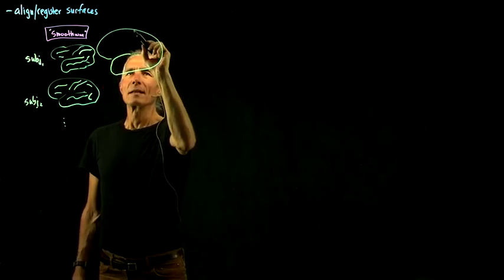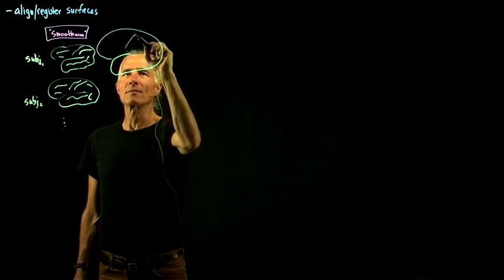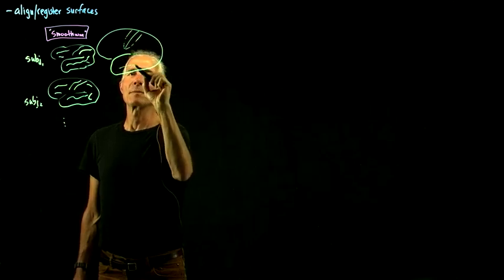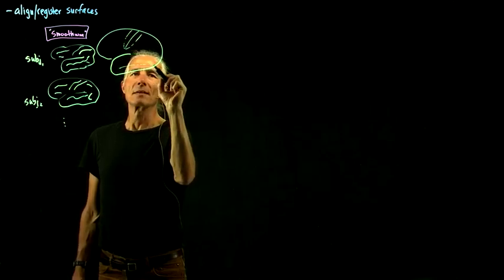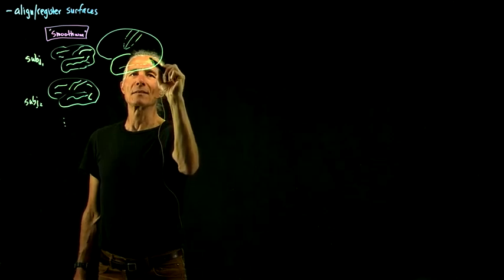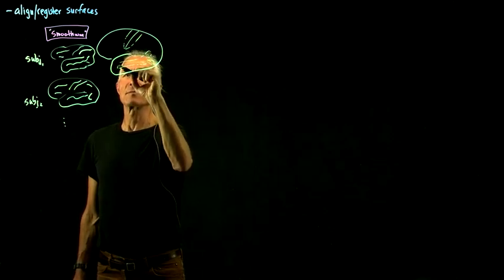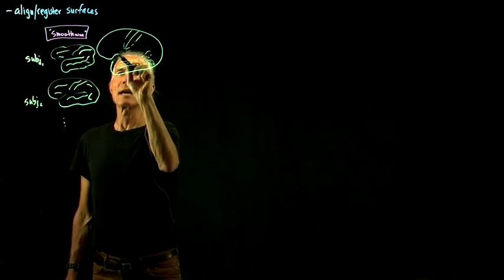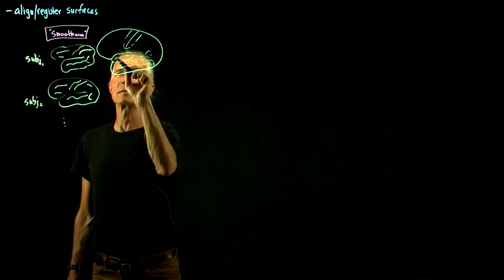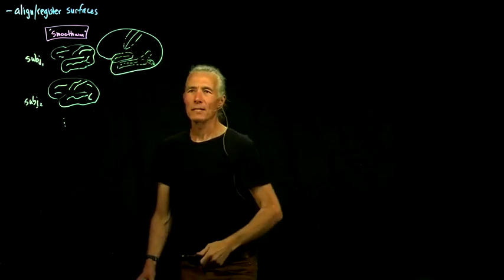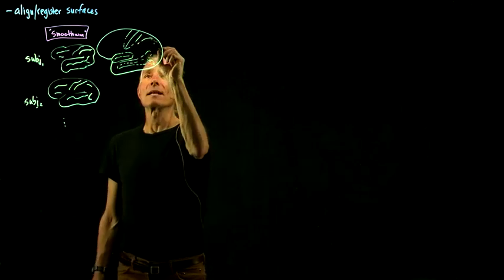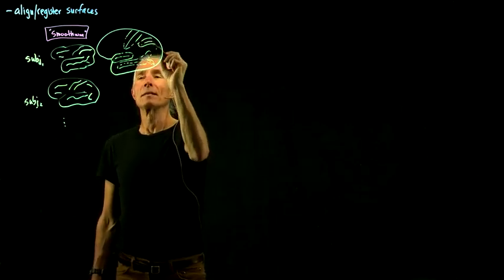And here's the central sulcus, and now the central sulcus will be opened up. And here's the superior temporal sulcus, and here's another little sulcus slit. And so the superior temporal sulcus will be opened up like that. And then the lateral sulcus, where the insula is, will be opened up like that. And so you'll have a smooth surface that has all the sulci opened up on it.